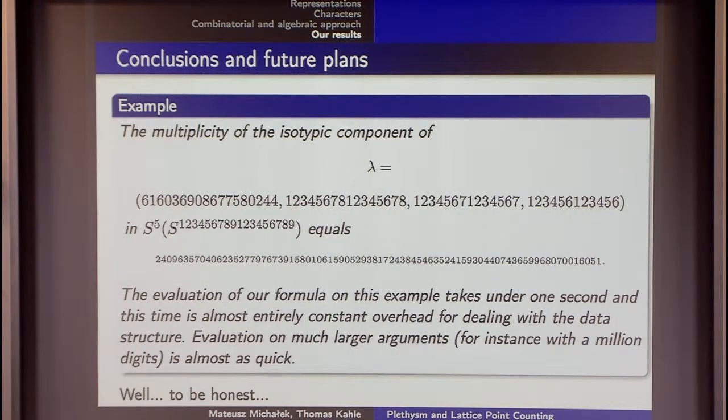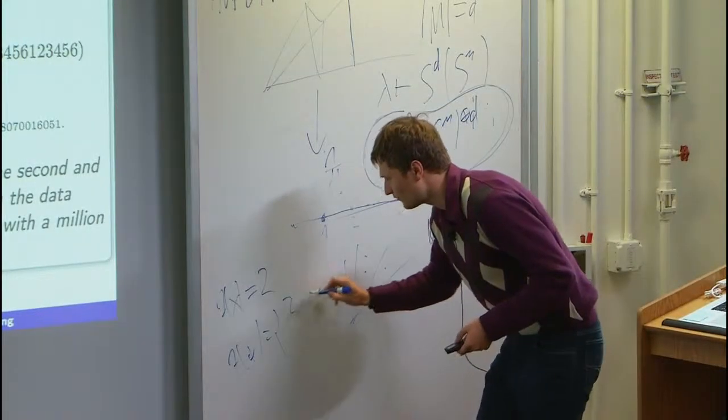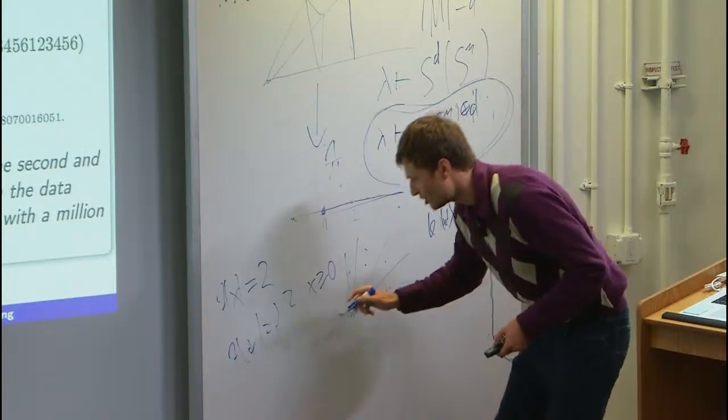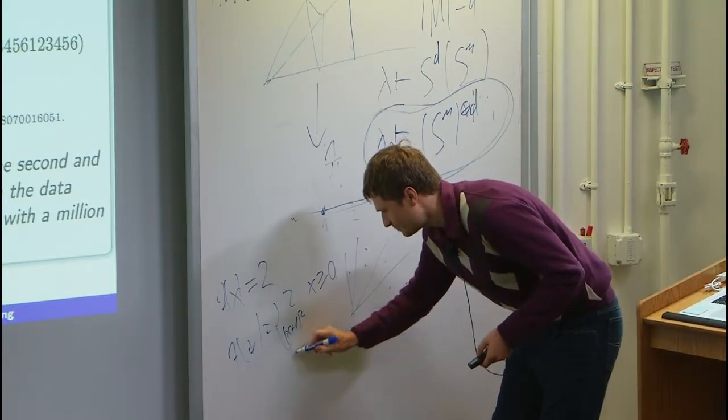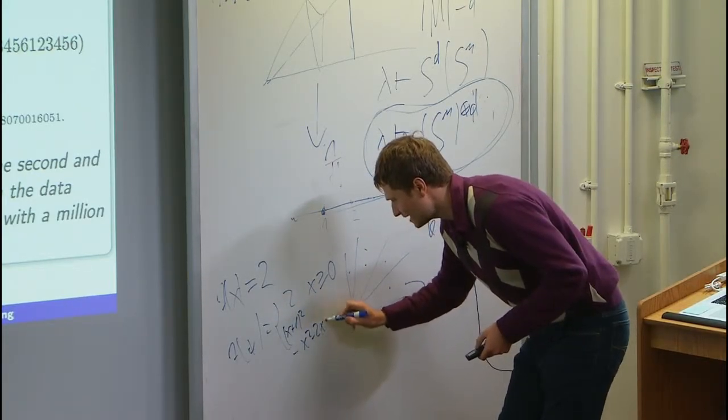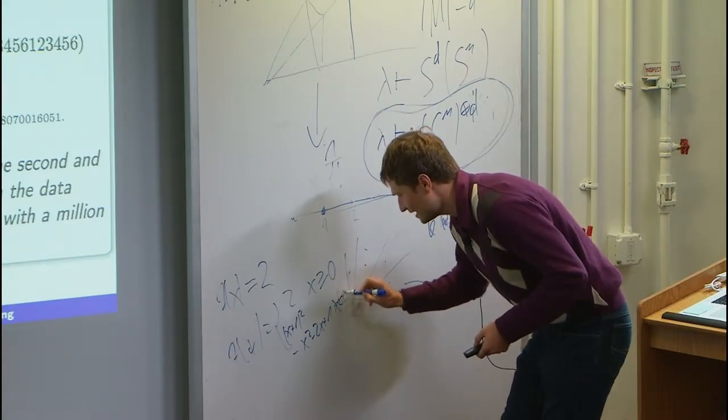And another thing is, we already know that our formula is a formula, it's not the formula. And the problem is that a function, for example, constantly equal to 2, you can present as a function that is 2 for x greater or equal to 0, and (x plus 1) squared minus x squared minus 2x plus 1 for x less than 0.